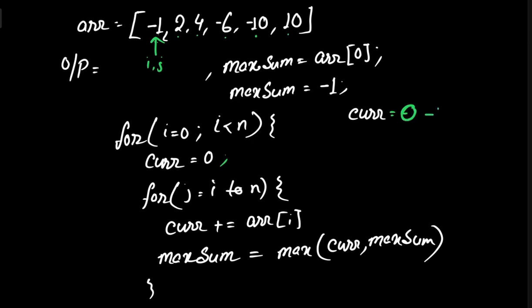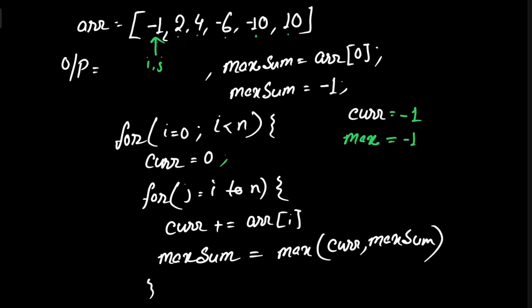Current will be -1, and it will also check the maximum. First we write the maximum value, which is array of 0, means -1, and current is also -1, so there will be no update. Max value is -1.